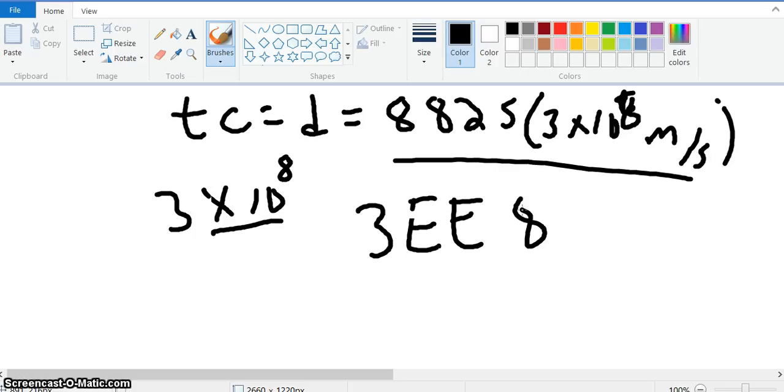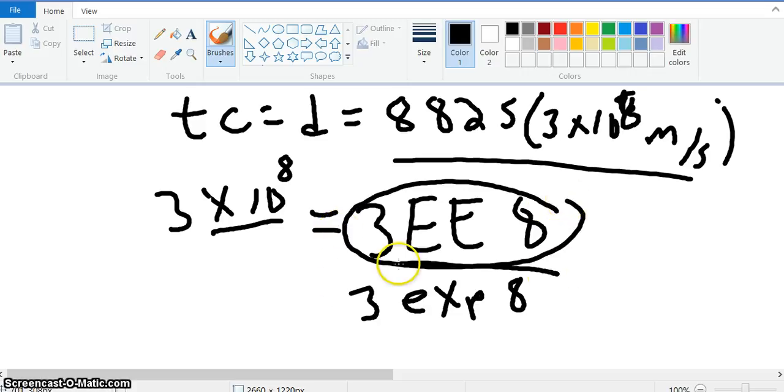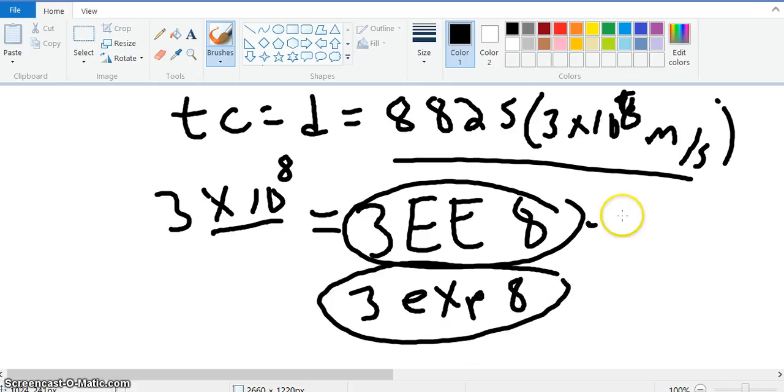If you have a Casio, it's 3 and there's an EXP, which is the exponent. Both of these mean 3 times 10 to the 8th. The first one is Texas Instrument, the second one is a Casio. If you have something different, you'll have to figure that out.